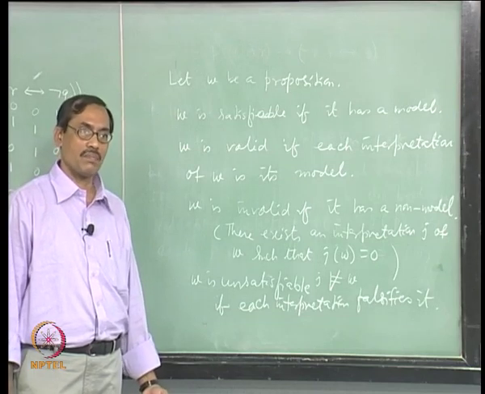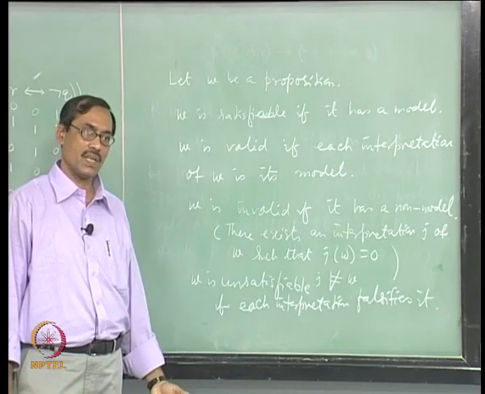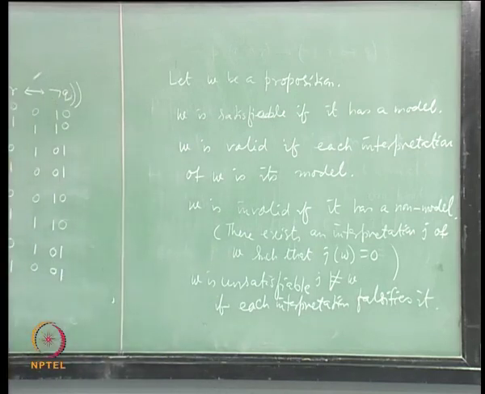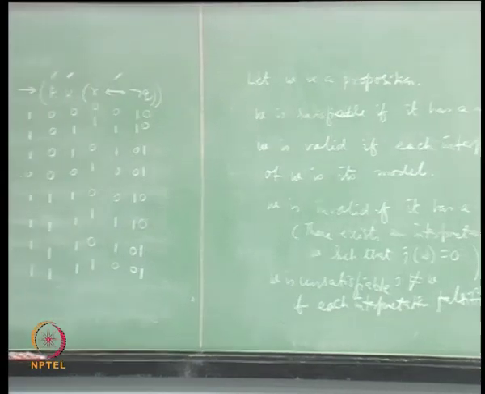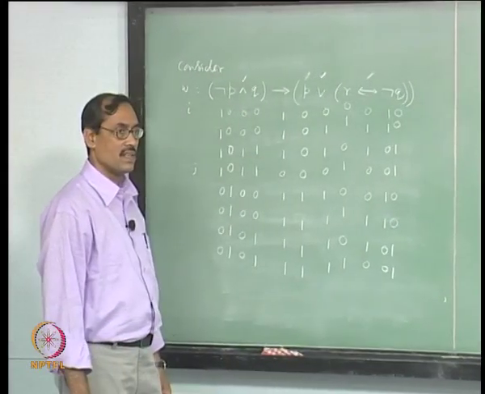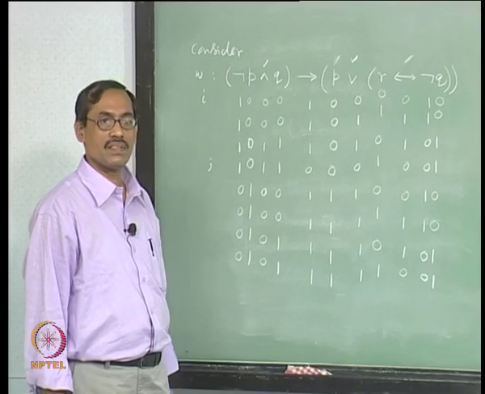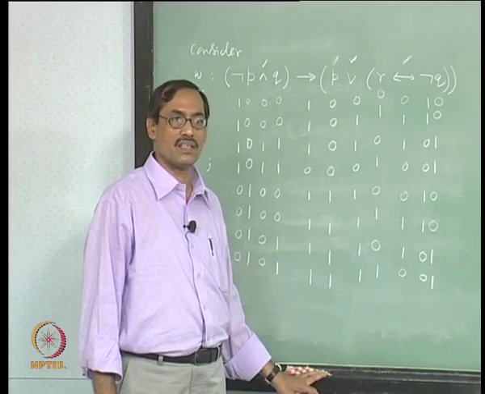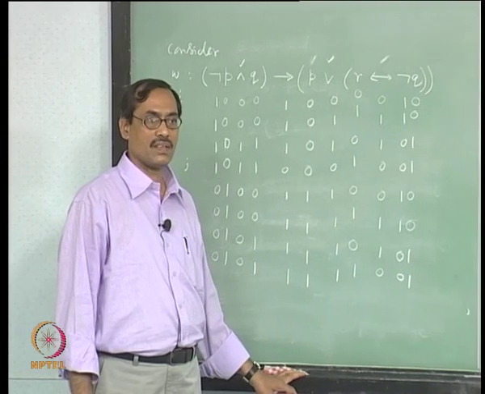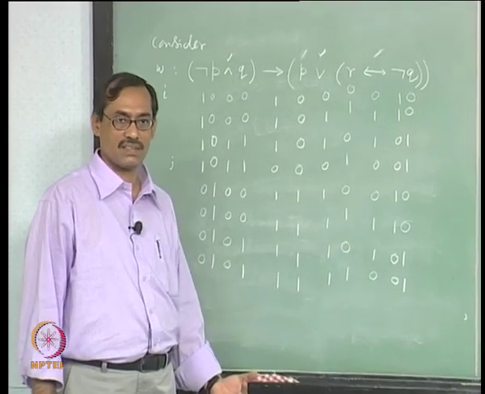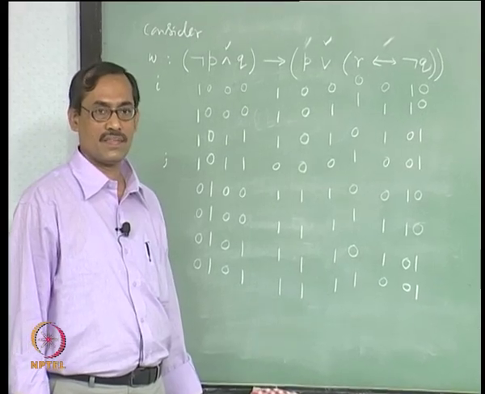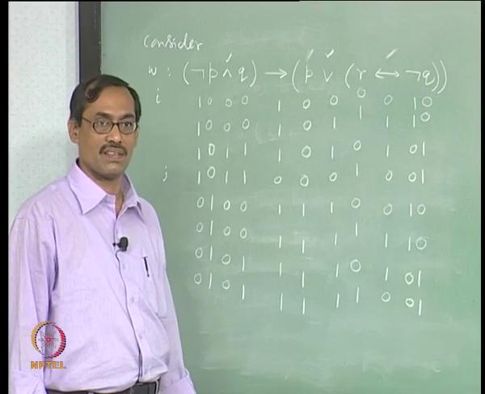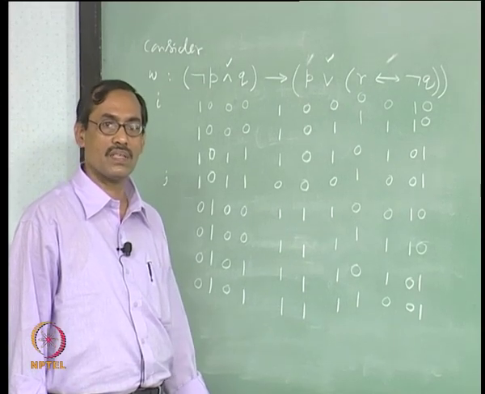But there can also be some propositions which are both satisfiable and invalid. For example, this, right, it is satisfiable because I is a model of it, it is invalid because J is a non-model of it, okay. So, such propositions are called contingent propositions. Contingent means having some information content, right. Valid propositions and unsatisfiable propositions have no information content, though we are more interested in them.